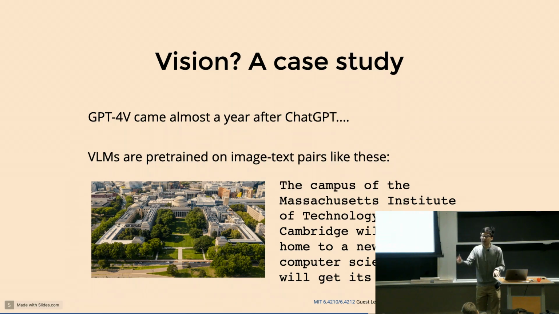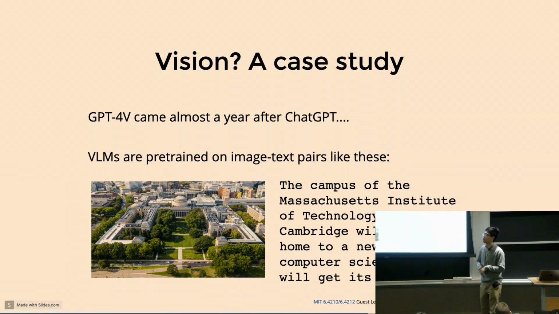So you want to make sure that the image encoder extracts information that's actually used for the downstream tasks. At least it needs to know the fine-grained information in this image.